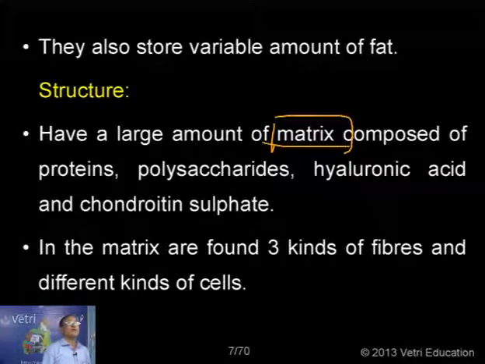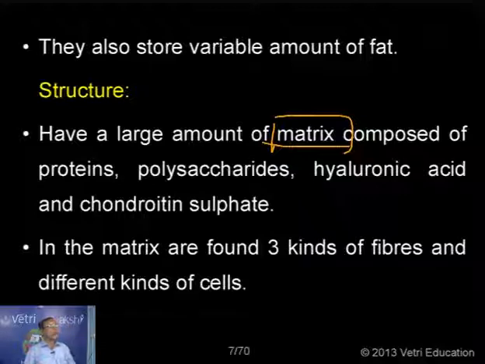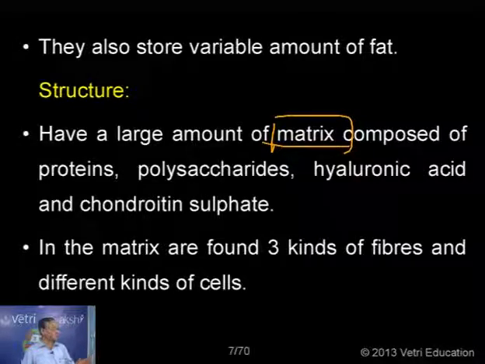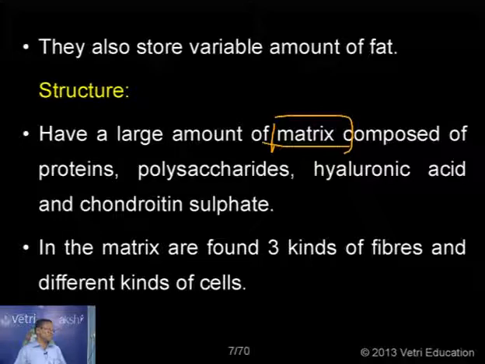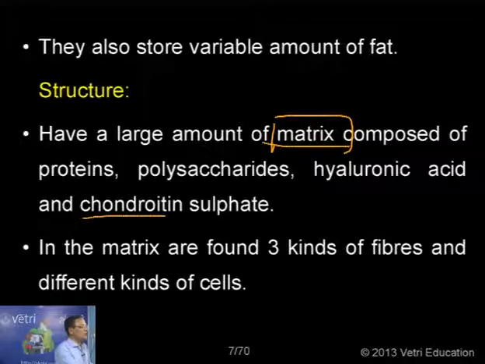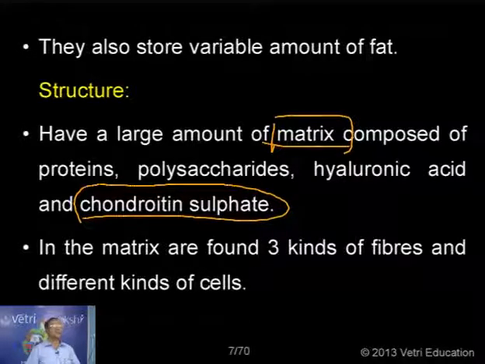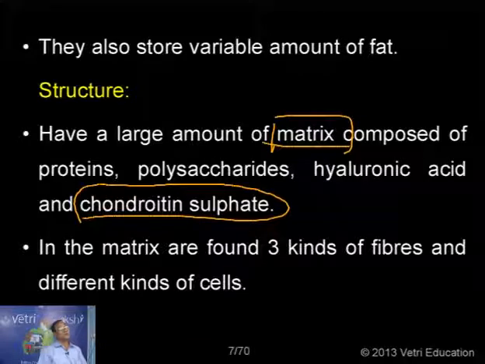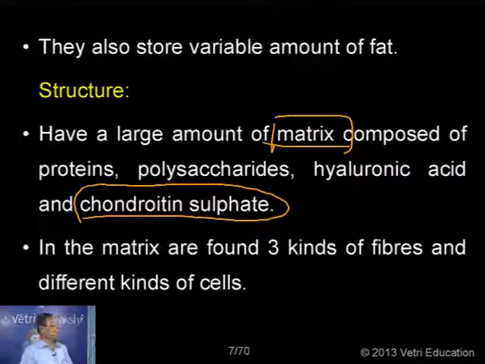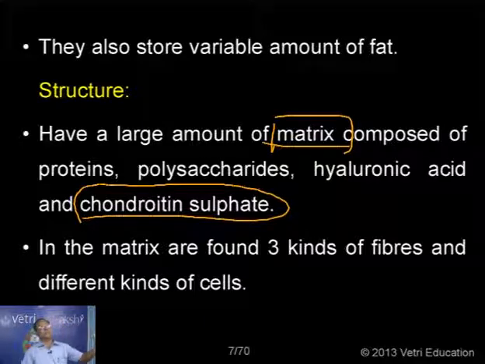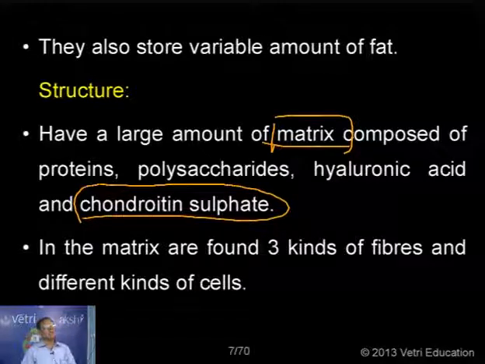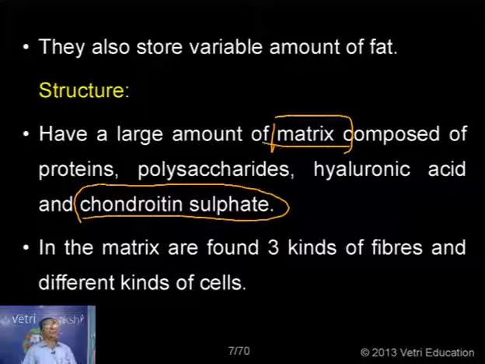The matrix is always found in large amount in any connective tissue proper, including loose connective tissue. It is composed of proteins, polysaccharides, which are carbohydrates, one type of acid, hyaluronic acid, and a salt called chondroitin sulfate, a combination of organic and inorganic components, the organic part being like the bile salt. So we have a large amount of matrix.